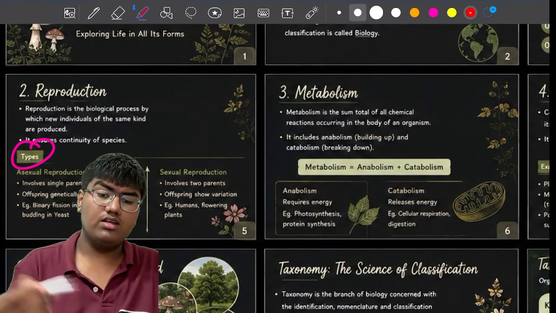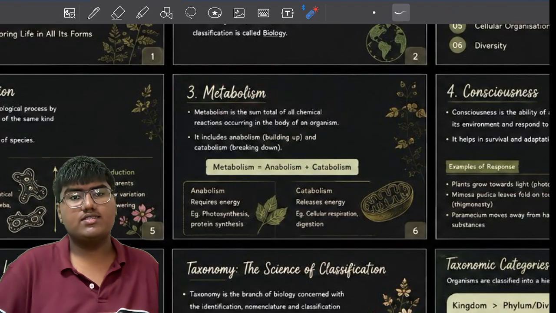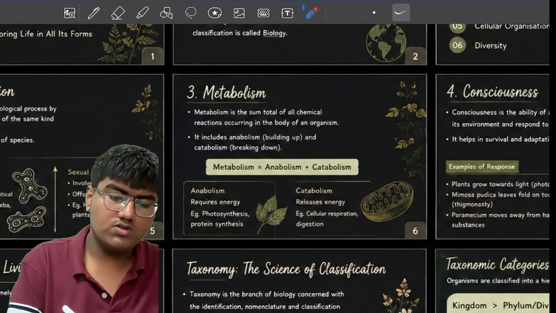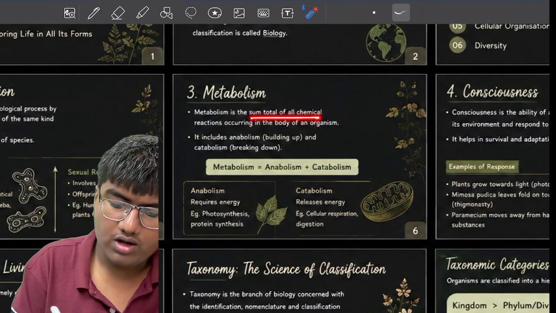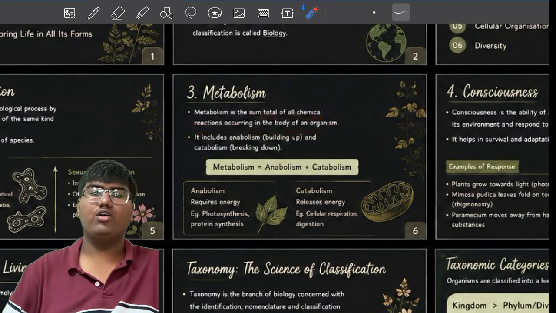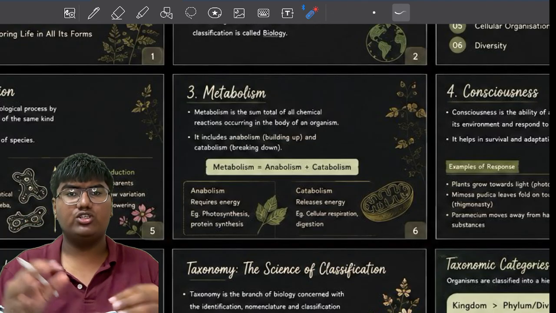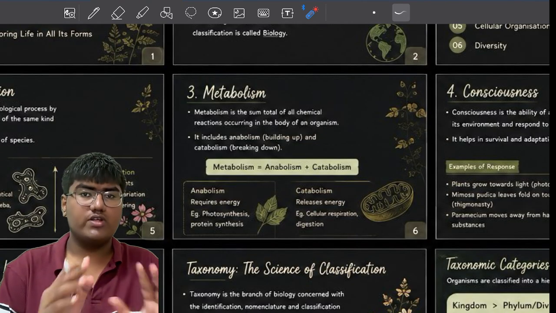Next, we'll see the next feature, which is metabolism, which we can consider as an all-inclusive feature. So how, let's see. What is metabolism? Metabolism is the sum total of all chemical reactions that occur in the body of an organism. All the reactions that take place in our body, digestion, any type of chemical reaction that we name, come under metabolism.